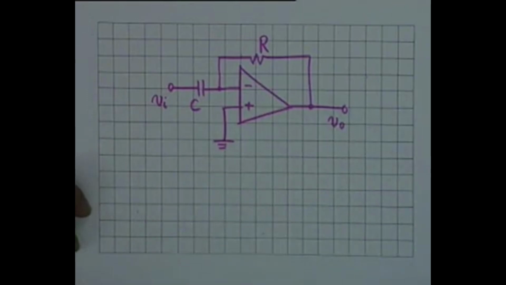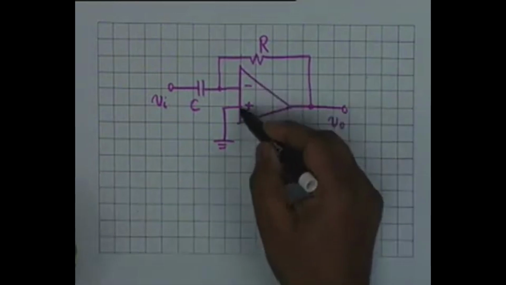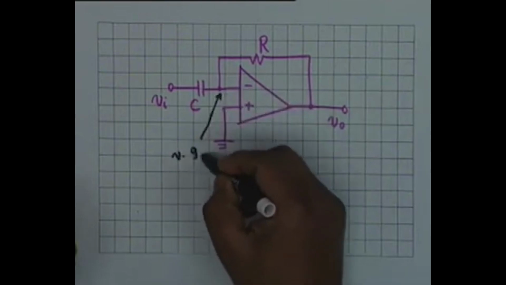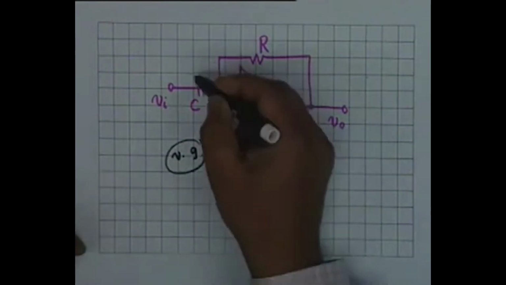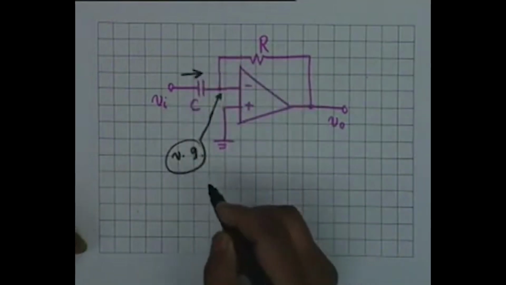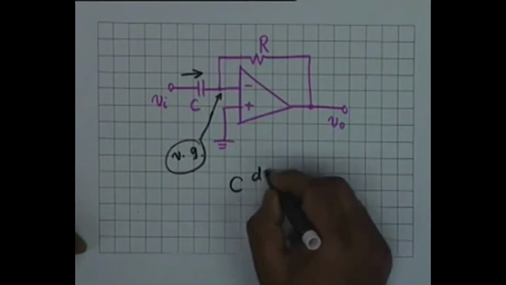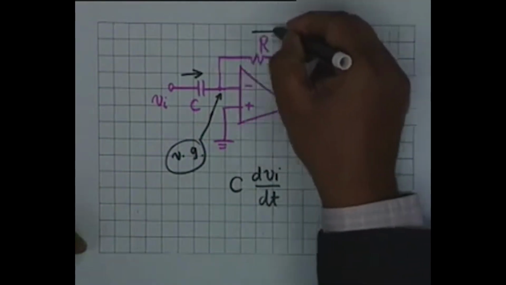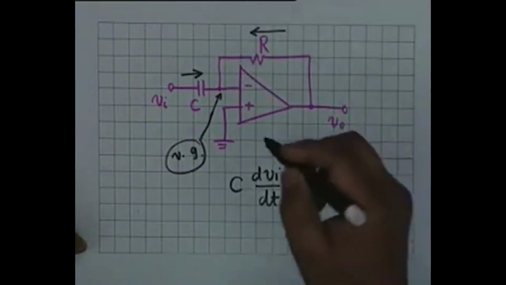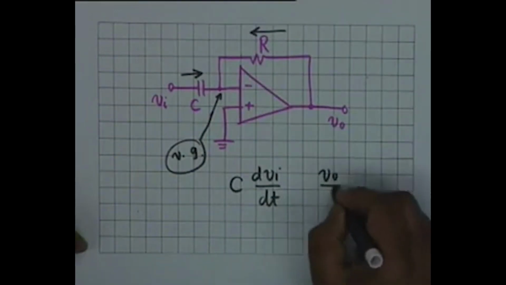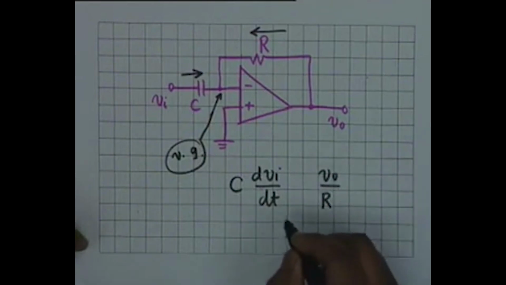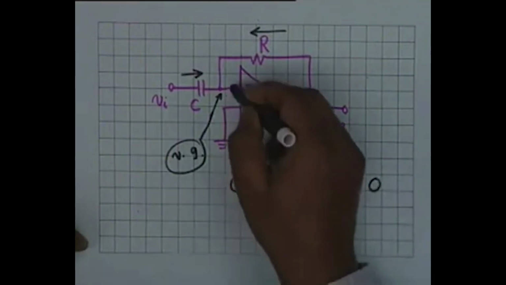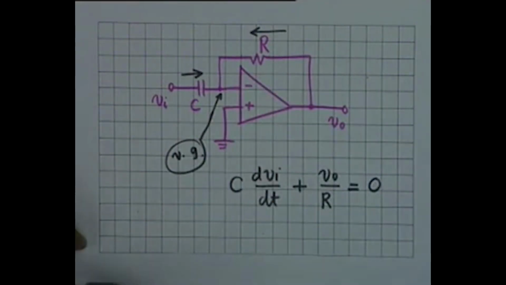Then if this is ground, this point shall be virtual ground, which means that the current through C would be simply C dVi/dt, and the current through R should be equal to V0 by R. Agreed? And by KCL, the sum of the two currents should be equal to 0, because the op amp does not take any current, infinite input impedance.